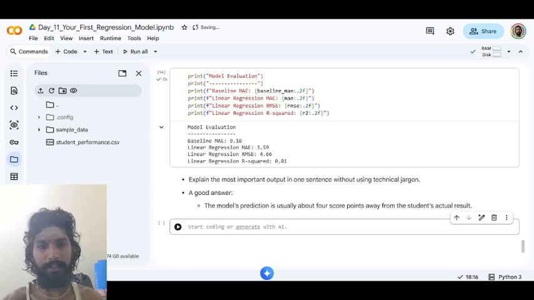Your exact sentence will depend on your MAE. This is an important skill. A data scientist should be able to explain an output in everyday language.